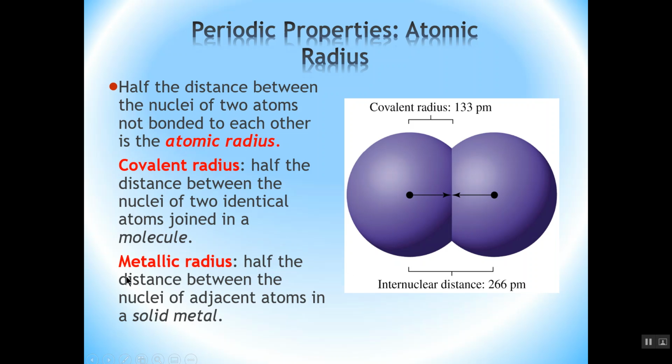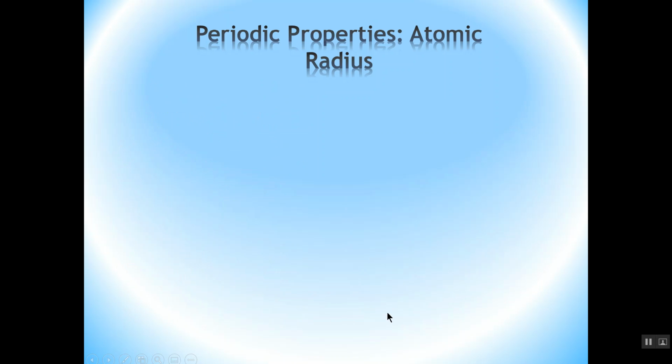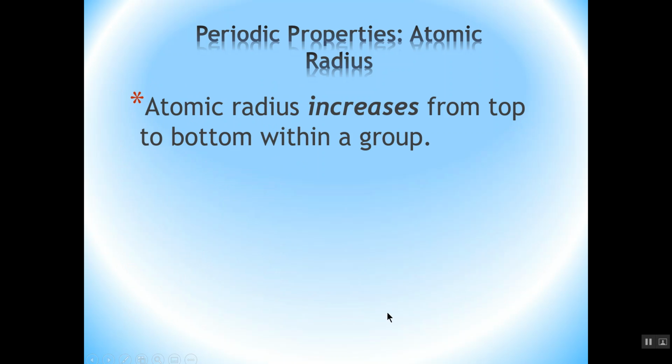As far as the metallic radius is concerned, it's half the distance between the nuclei of adjacent atoms in a solid metal. So what do we observe when it comes to variations in the atomic radius going down a group and across a period? Firstly, going down a group, the atomic radius increases for the different elements within that same group.